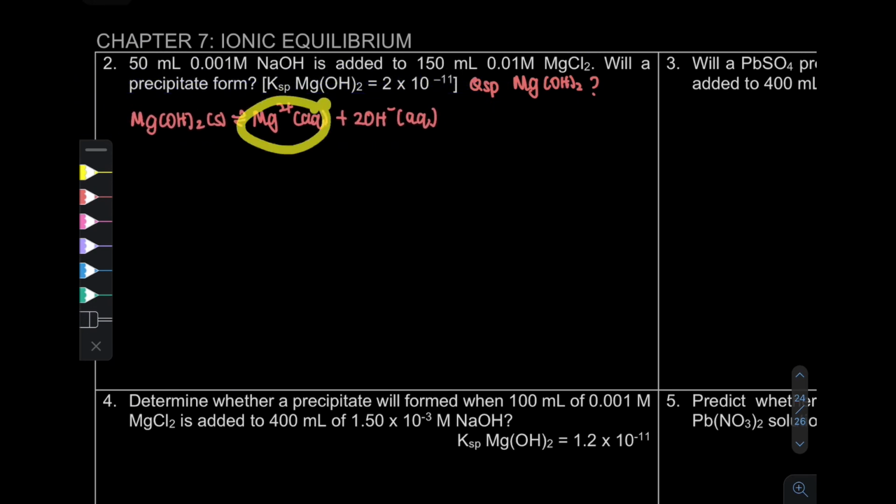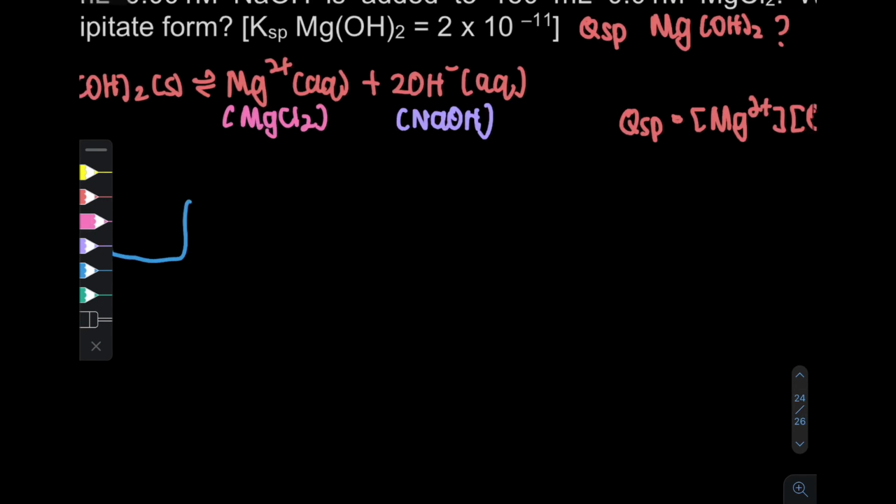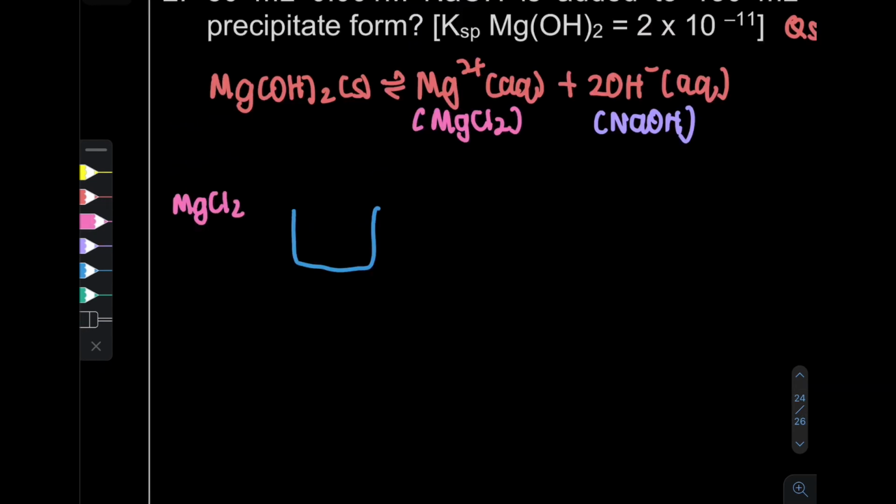So sekarang ni kita akan cari magnesium from MgCl2, OH from sodium hydroxide. Tapi sebelum apa-apa, QSP kita is Mg2+ dengan OH minus to the power of 2, based on your coefficient.